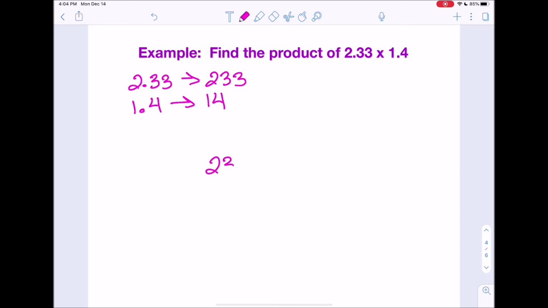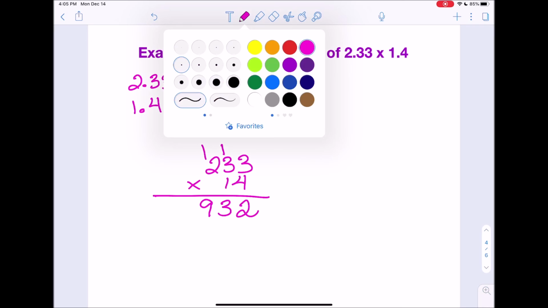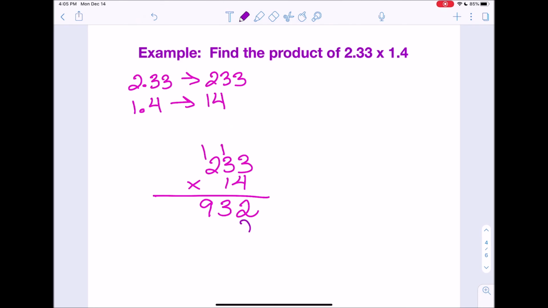So 233 times 14. 4 times 3 is 12, carry the 1. 4 times 3 is 12 plus 1 is 13. 4 times 2 is 8 plus 1 is 9. Don't forget your placeholder. Okay, remember that 1's in the tens place, so it's got to start in the tens place. 3 times 1 is 3. 3 times 1 is 3. 2 times 1 is 2.